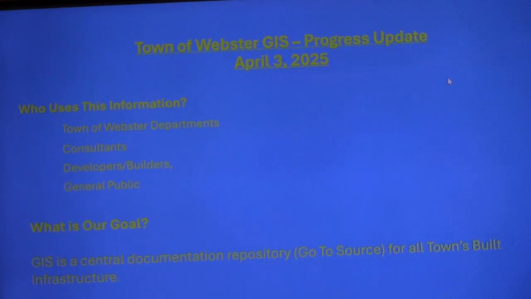From a general public perspective, a lot of times they will want to click on their piece of property and understand what that easement is that's on that property, or they may have a manhole and want to understand what that manhole might be. Or we will use it as a larger tool to help us do assessments, if you will, and think about where we have sidewalk systems, where we don't have sidewalk systems, and where we maybe put those in the future, as some examples.